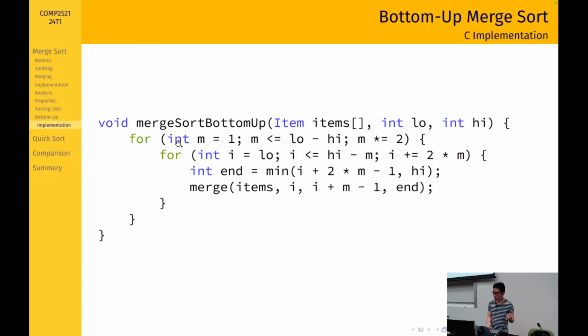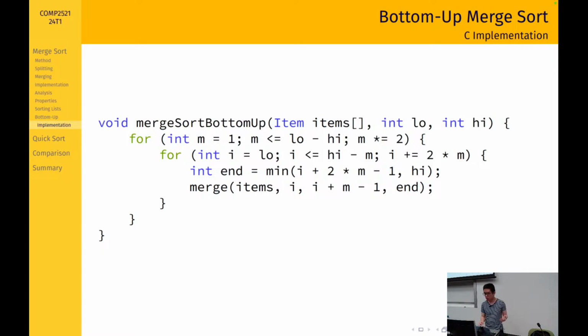And inside this for loop, we have another for loop, which takes the sorted runs and merges them, right? So it starts from the beginning of the array, i equals low, and then this end variable is used just in case you don't have the same number of elements at the end, right?